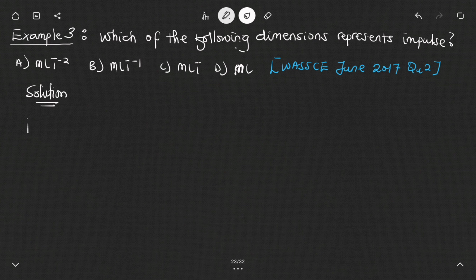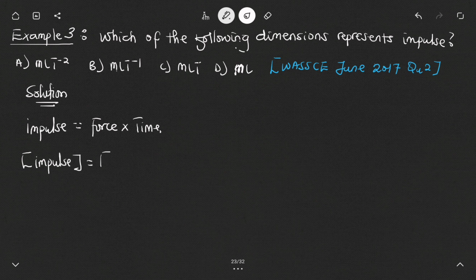So impulse in physics is equal to the product of force and time. So if I apply the dimension over here, the dimension of impulse will be equal to the dimension of force, which we already know because we've seen it already, so there's no need to go through it again. We said that force is mass times acceleration.